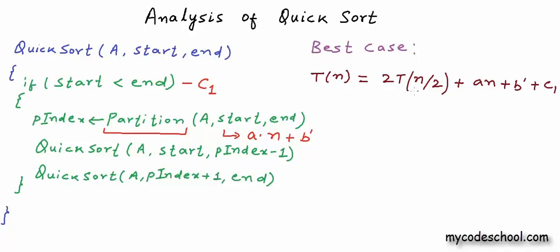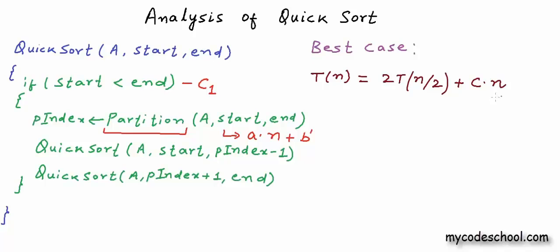Here in this recurrence relation, T(n) equal to 2T(n/2) plus an plus b dash plus c1, these two constant terms b dash and c1 will be negligible compared to an for very high values of n. And when we analyze time complexity, we always look at running time for very high values of n. So we can safely ignore b dash and c1, and instead of a, I will write c for constant because c looks good when I'm saying constant.